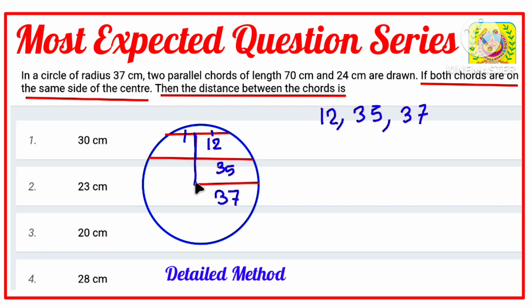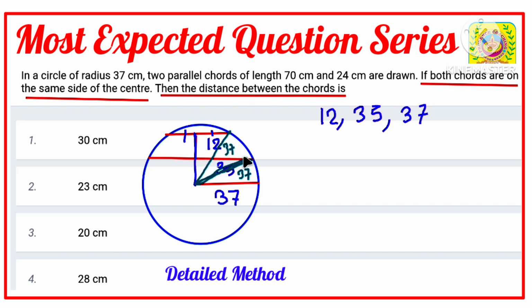Now if we join this and this, then this is also a radius, so this will also be 37. From here if we draw this one, then this is also a radius, so this will also be 37.